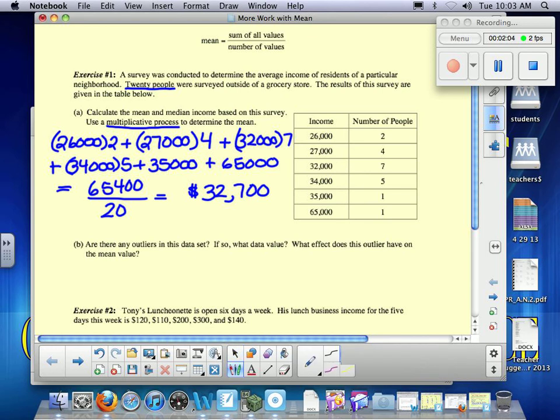And they also want us to calculate the median. And I'm going to let my fingers do the walking like I did yesterday. I have 2 here at the bottom, and I'm going to cancel these 2 here at the top out at the same time. And then I have a 4 and a 5.